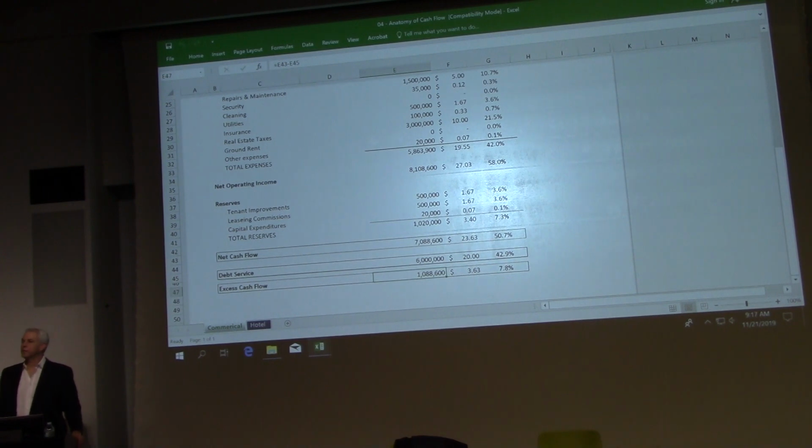Yes? If the borrower doesn't have access to the cash that is in the reserve as trapped cash flow, then why do they prefer trapped cash flow instead of already putting it in reserve? Well, if you do it out of cash flow up front, you're going to reduce loan proceeds.